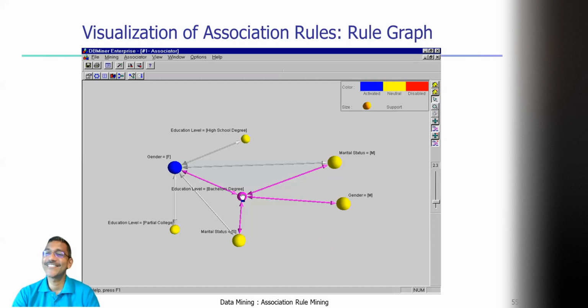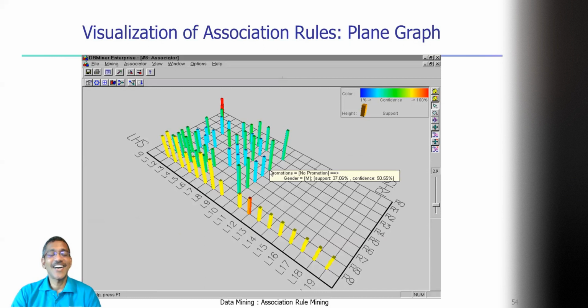Very good question from one guy. He's asking how do you find the direction of the association? Actually, that's a bit of a shortcoming of this visualization. I told you, this is not the best visualization. Because it indicates left hand side and right hand side, we have to take it like L0 implies R0.